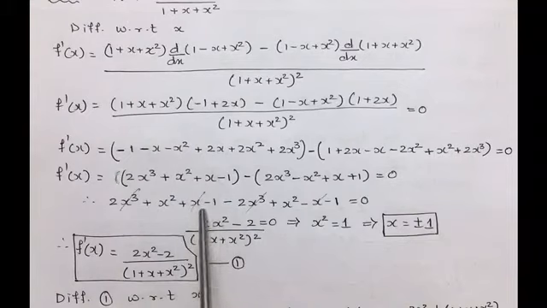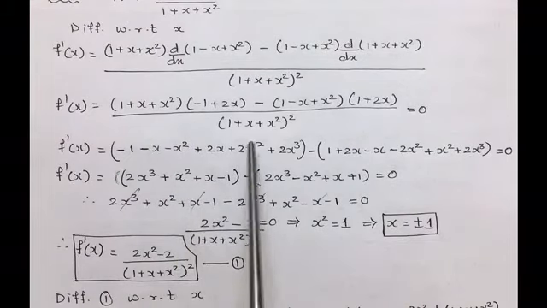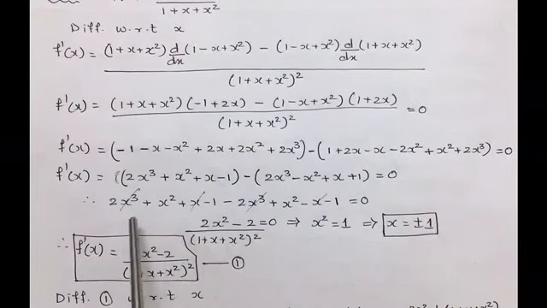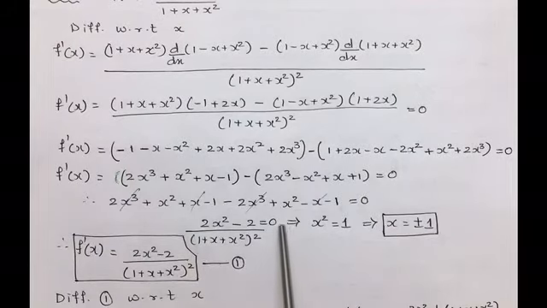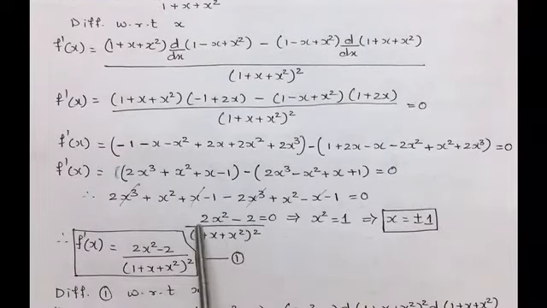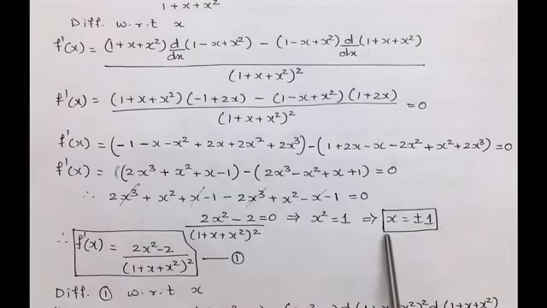In these steps, the denominator is not written because it remains as it is. Only the numerator part is being expanded, and then shifting the denominator to the other side, it becomes 0, and taking out 2 also becomes 0. So we get x square equal to 1, and the value of x becomes plus or minus 1. Therefore, our first derivative becomes f dash x is equal to 2x square minus 2 upon (1 plus x square) whole square.